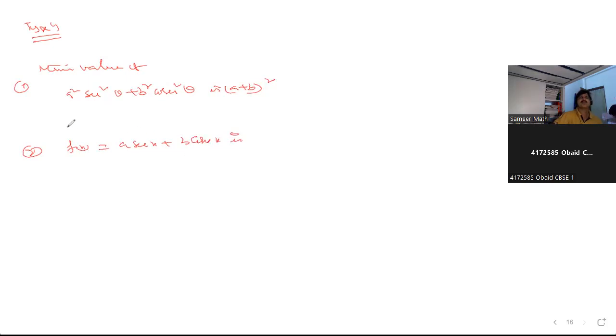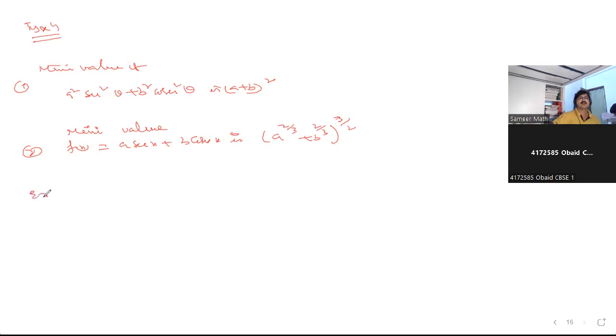Here also the minimum value is (a^(2/3) + b^(2/3))^(3/2). These are the two formulas you have to remember for a long time. Please remember this one.